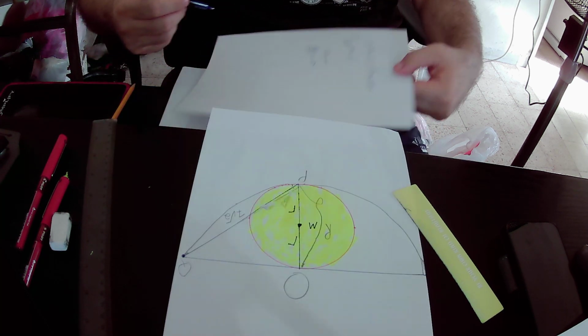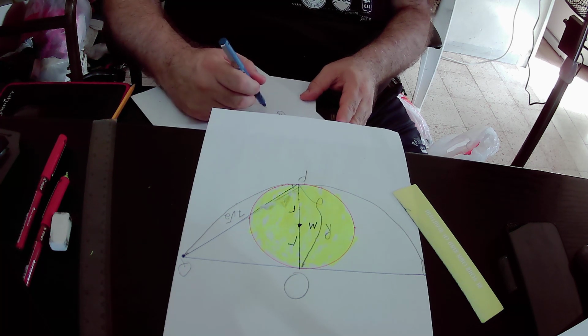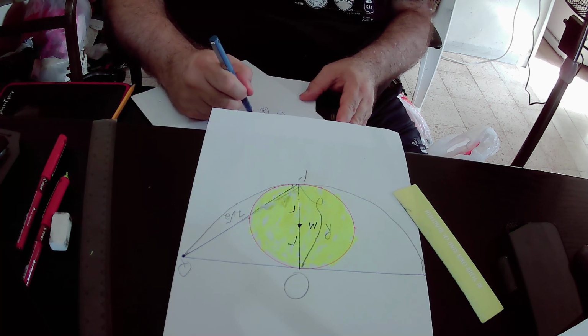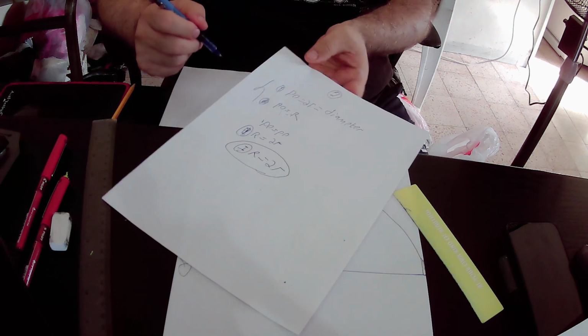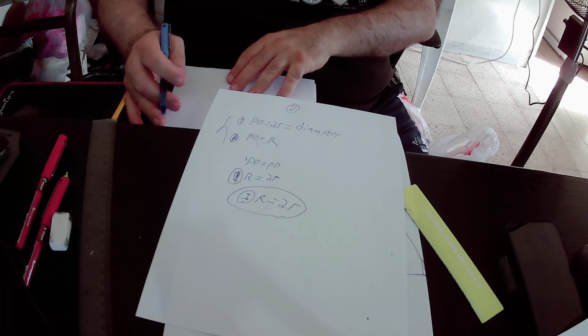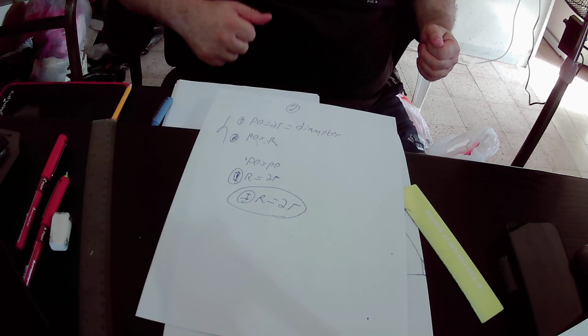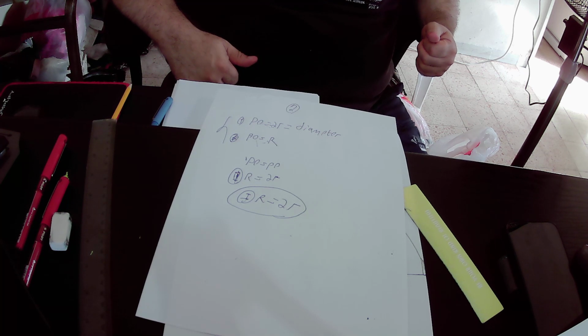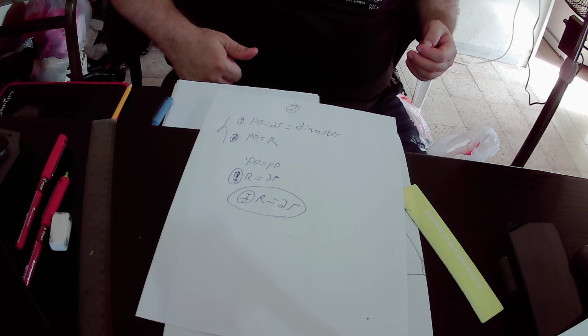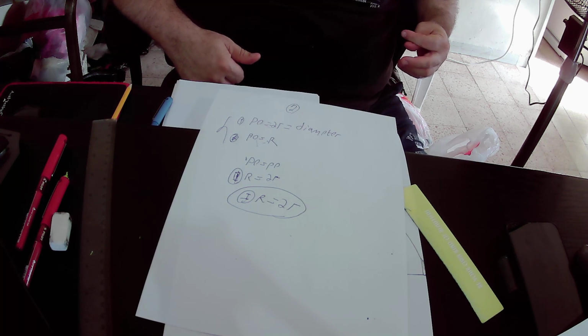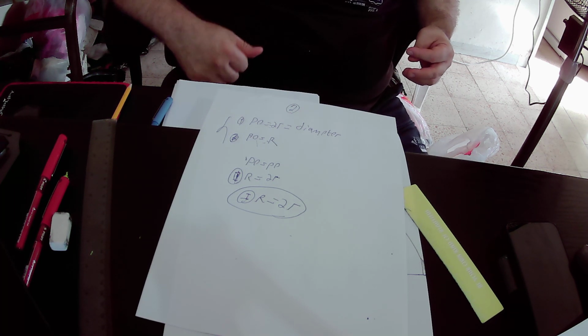This is our first equation: the radius of the semicircle is twice as big as the radius of the yellow circle.